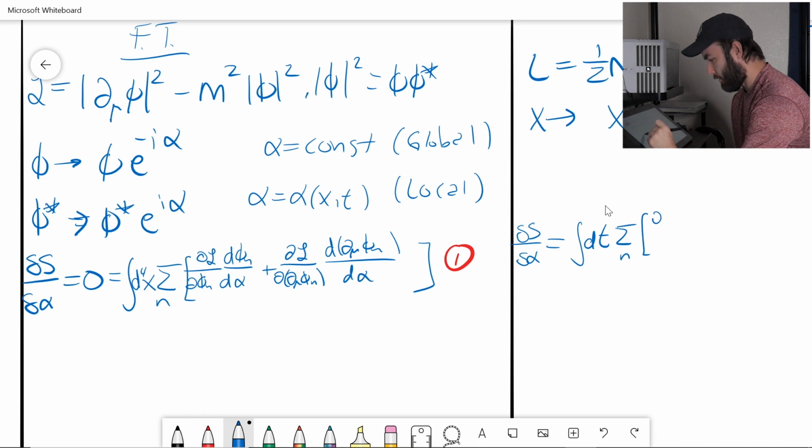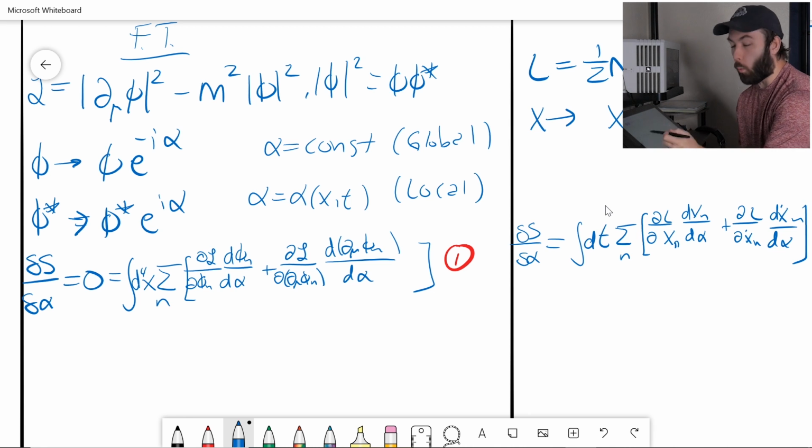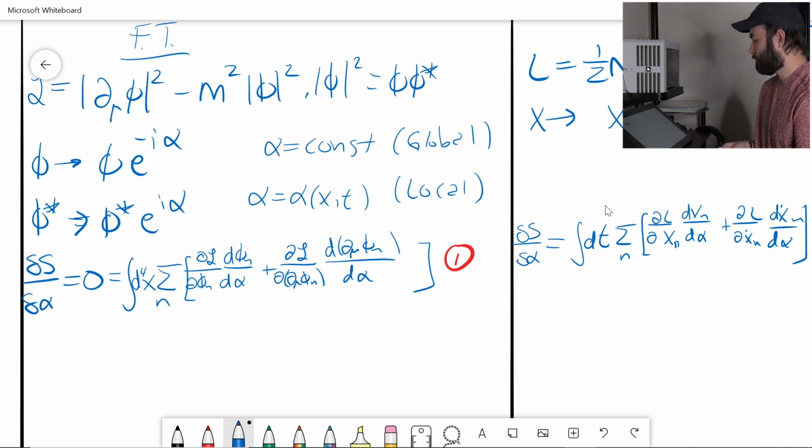So we have a dL dx, let's call it x_n, dx_n d alpha plus dL dx dot_n, dx dot_n d alpha. So maybe you would say x1 would be x, x2 would be y, x3 would be z, and so on. Phi 1 would be phi, phi 2 would be phi star, and so on.